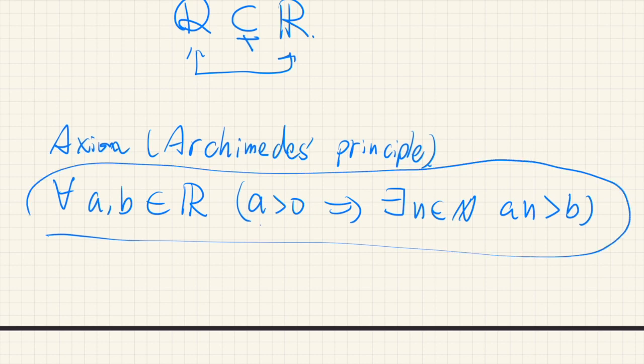However small a is, as long as it's positive, we can make it bigger than b by multiplying by some natural number n. If n is big enough, then however large b is, or however small a is, as long as it's positive, we can have this inequality. So this is one of the properties that characterizes the set of real numbers.